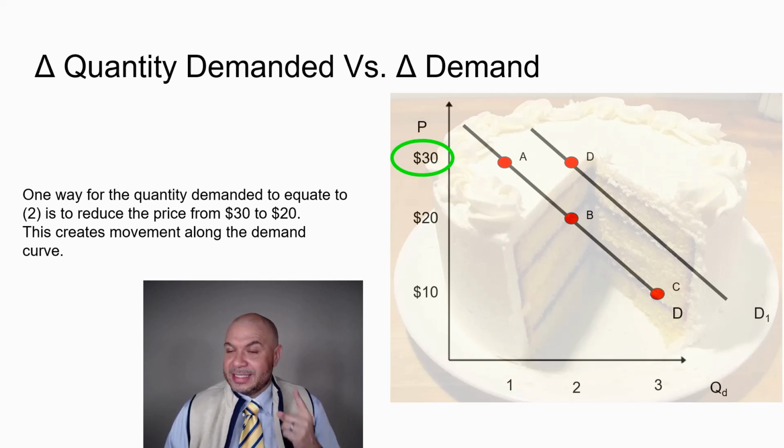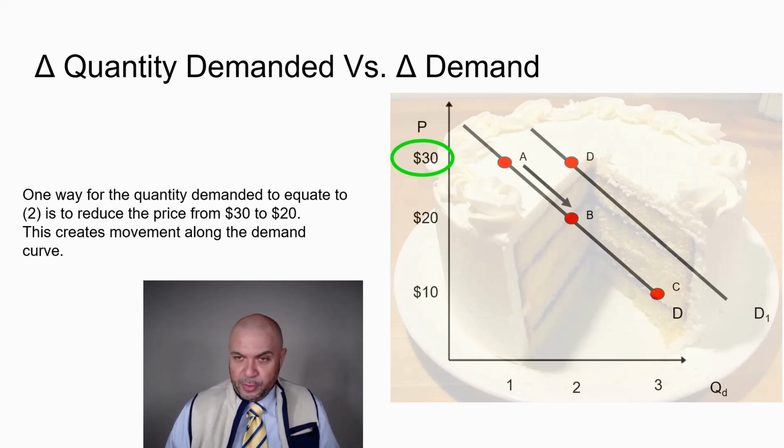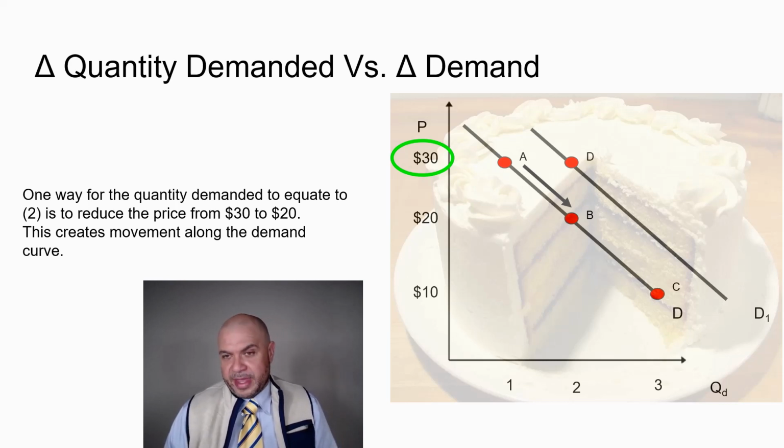So remember, this is a price change. This is not a shifter. Anytime price is the reason that something changes, it's always movement, never a shift. So in this situation, we'll simply move from point A to point B on our demand curve, and we'll reach the quantity of 2.